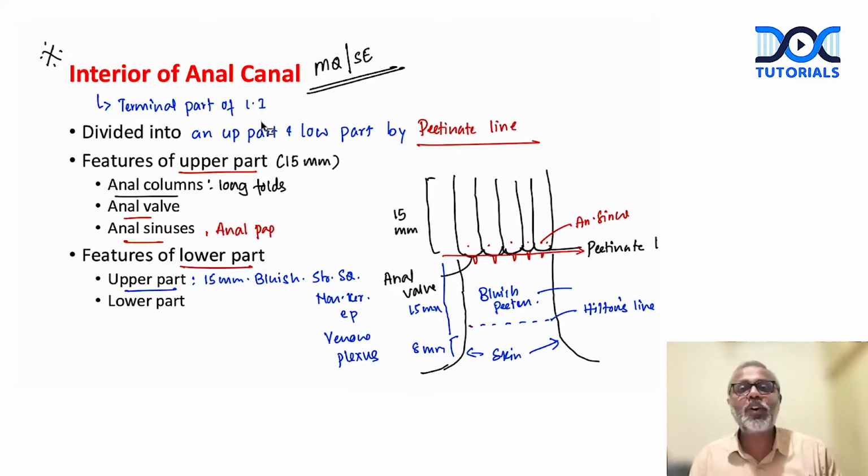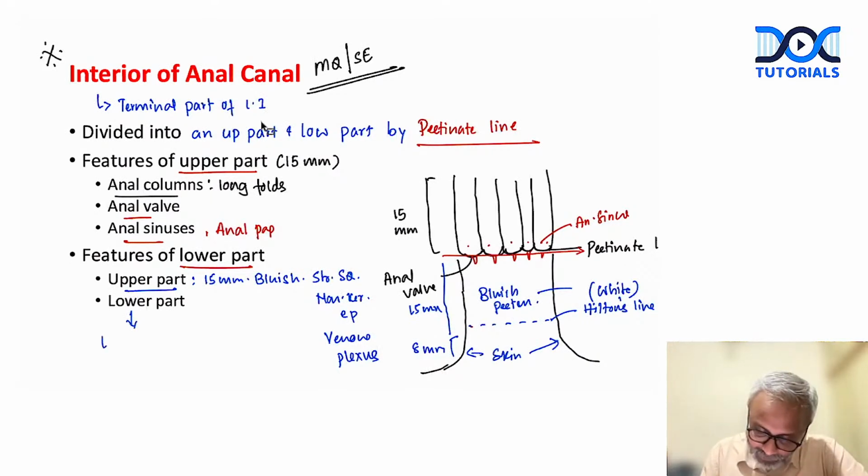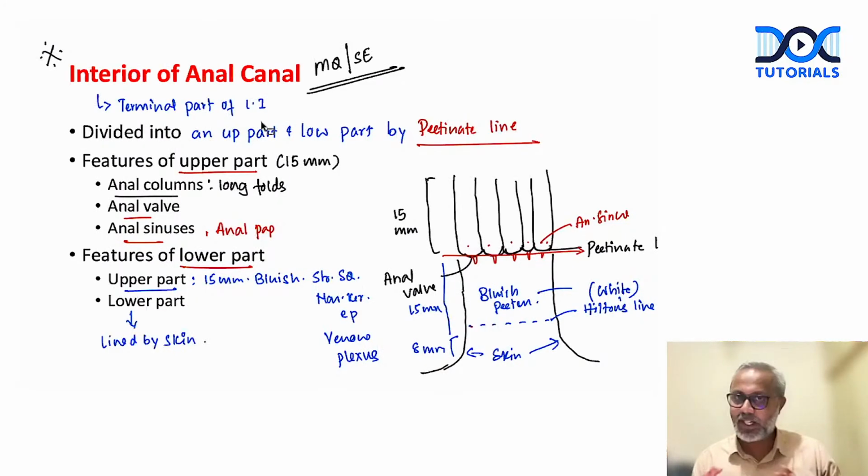The white line of Hilton divides or separates it from the cutaneous part of the anal canal. So this is regarding the lower part, its upper subdivision, the zone of pecten. Then below this, we have the lower part, which is lined by the skin. Are we clear? This is how we should describe the interior to begin with a diagram.